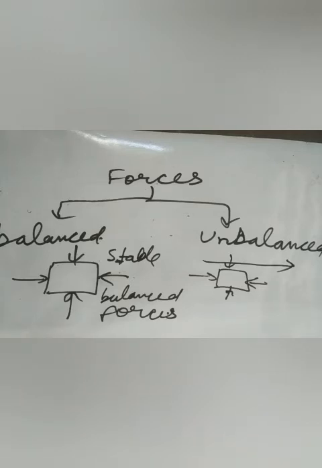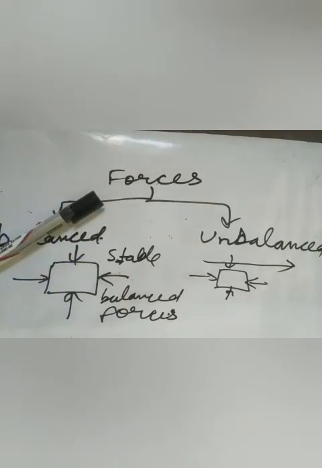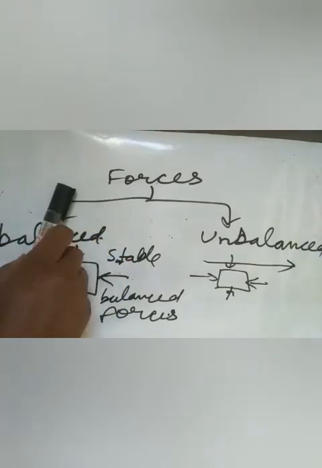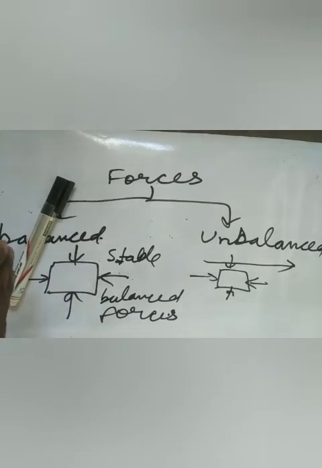The best example of balanced force is this marker. Its weight is pulling it downward, and the reaction exerted by the earth is balancing it. Now you would ask how this is possible. Actually, the earth is pulling it down, yes, but when it is in contact, there is action and reaction, so both become balanced.